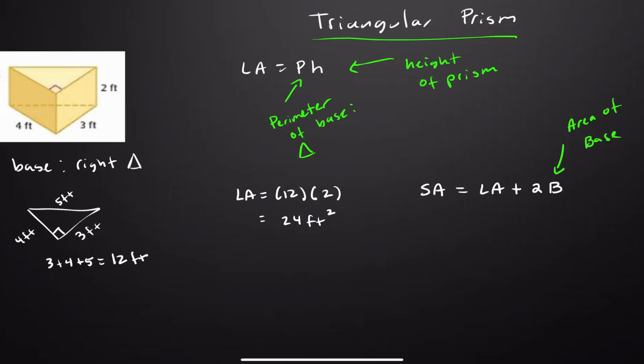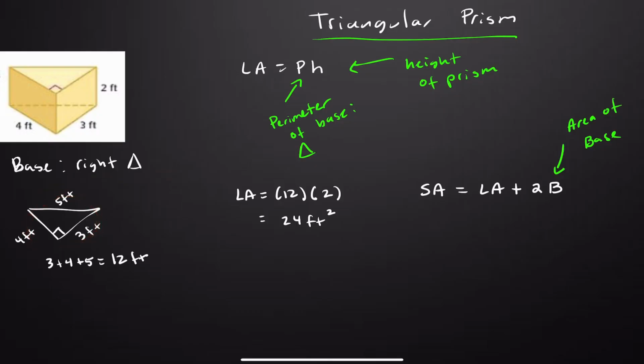And I should have capitalized the B in base right there. Our base of this prism is a right triangle, and this capital B means the area of the base. Super important.